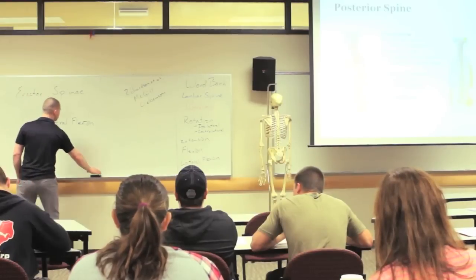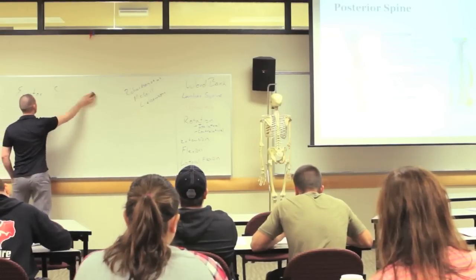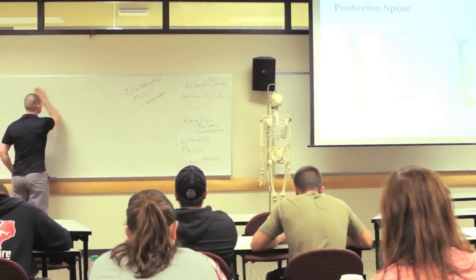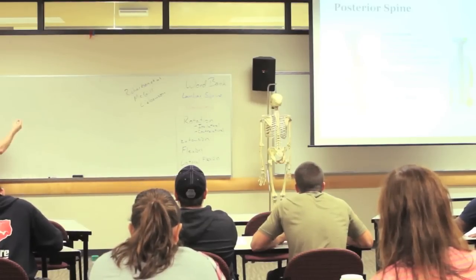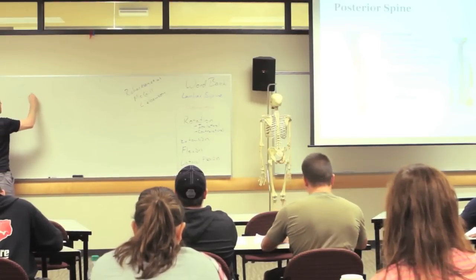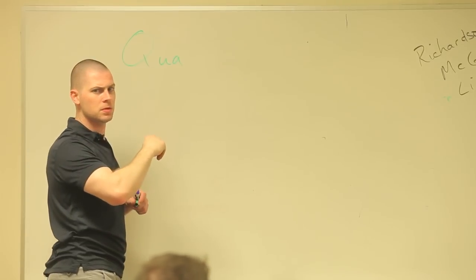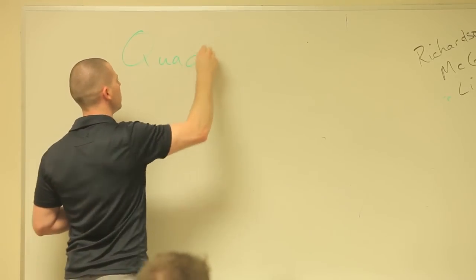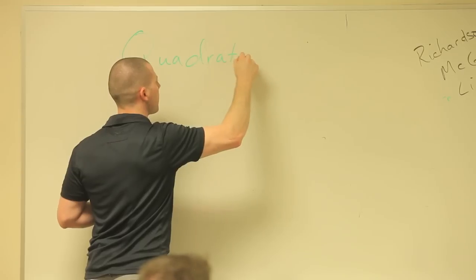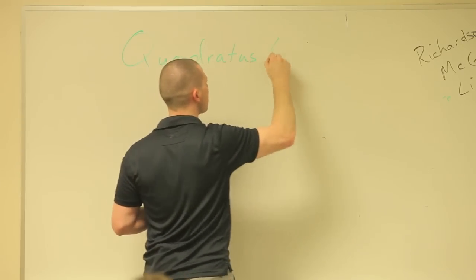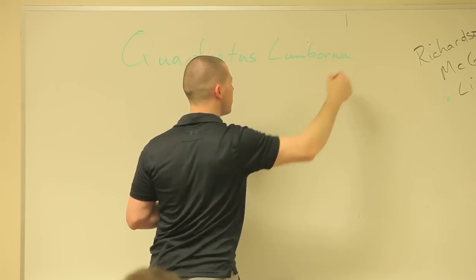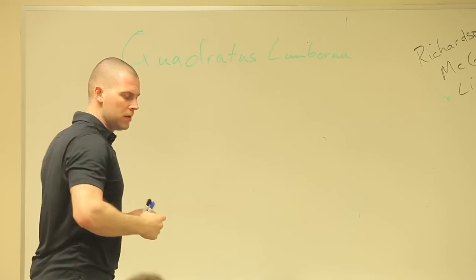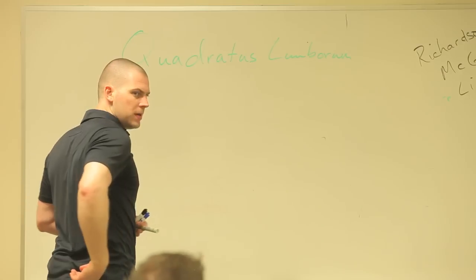Quadratus lumborum. How many of you guys have heard of this muscle before? Cool. So this muscle goes from my 12th rib to my posterior ilium.